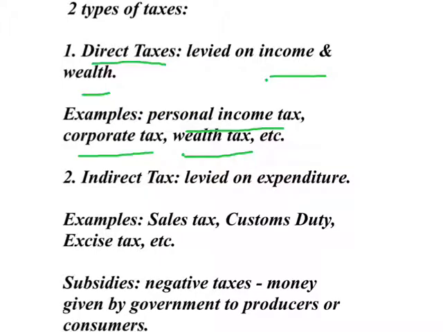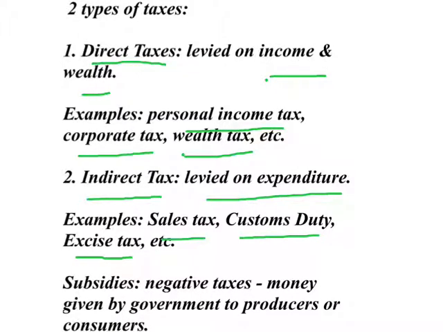And this has to be distinguished from indirect tax, something I alluded to on the previous slide. And these taxes are levied on the expenditure side. An example of this is sales tax, customs duty, the tax we pay on imports, and excise duty, and this is imposed on liquor and things like that.